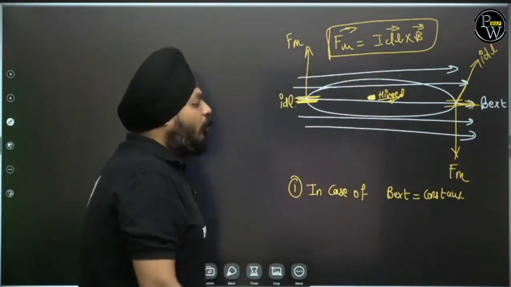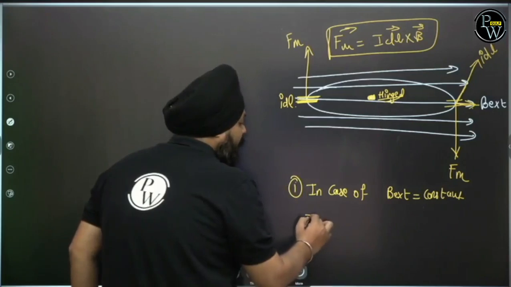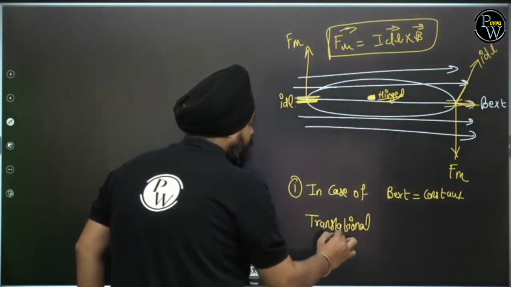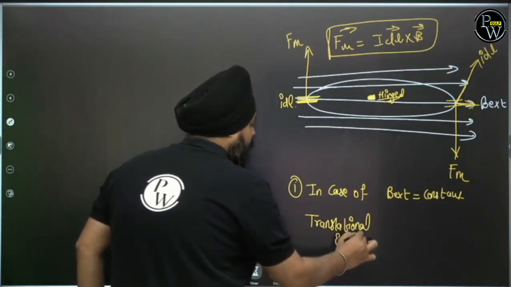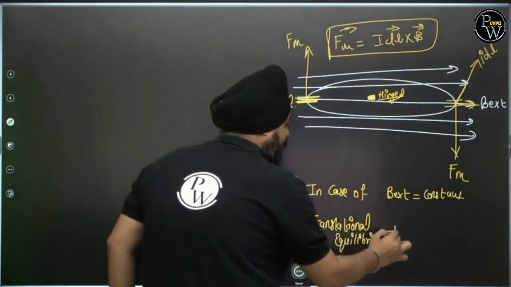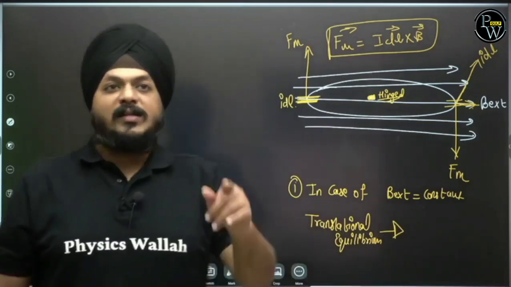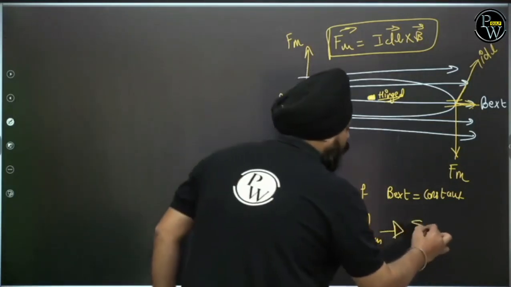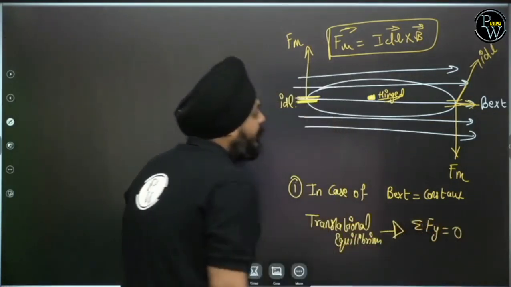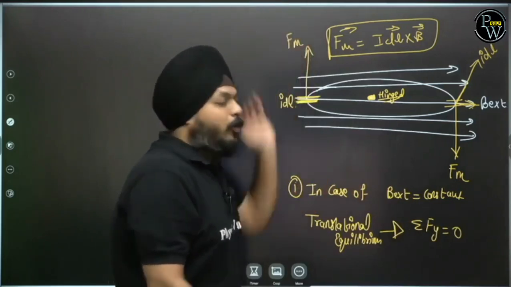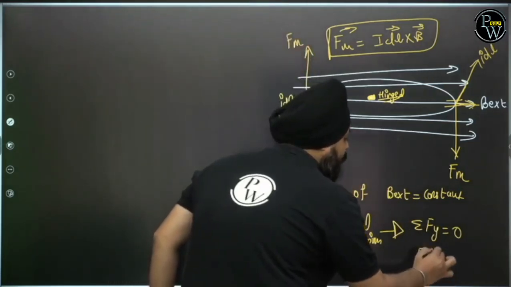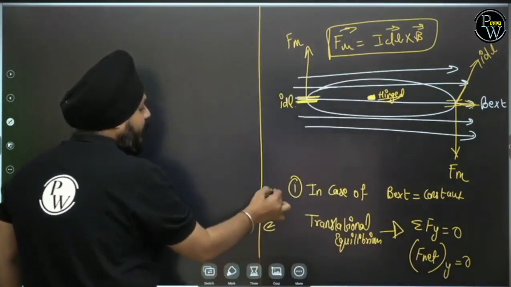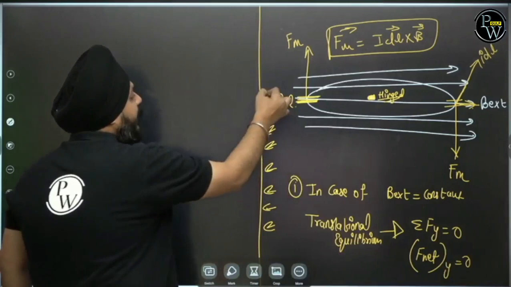So in this case, according to translational equilibrium, the summation of all forces in the y direction is zero. One is downward, one is upward, so the net force in the y direction is completely zero. Yes or no?